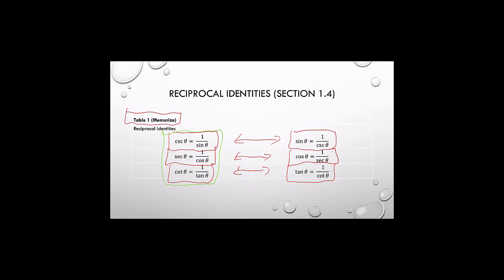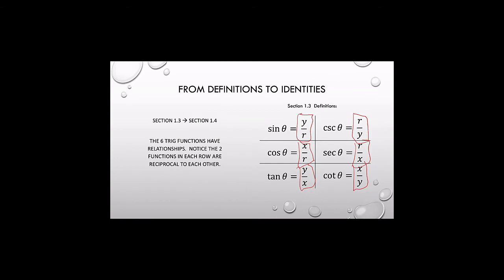And why would that be? We really want to commit these to memory because we're going to be using them a lot more than the ones on the right. Why would that be? Let me go back to this. When we look at this chart here, I've organized it in a very specific way.